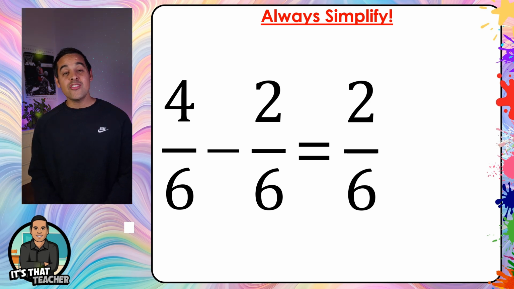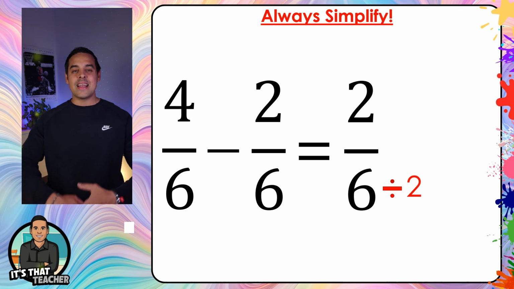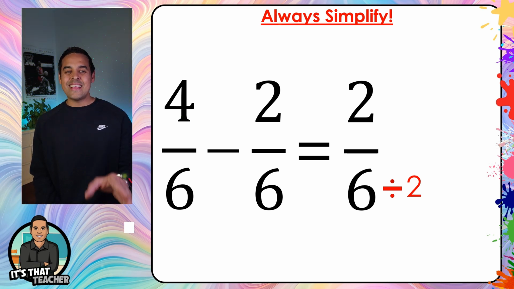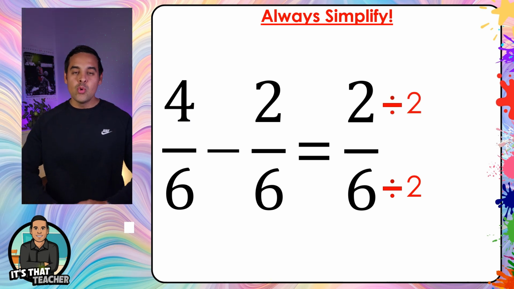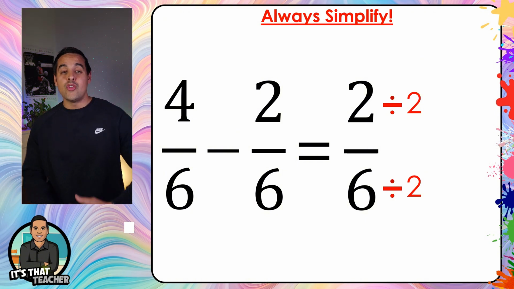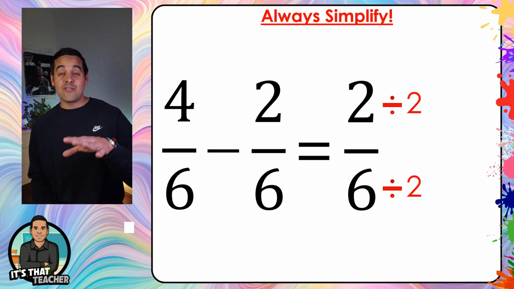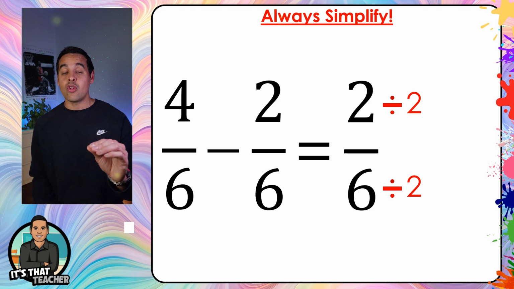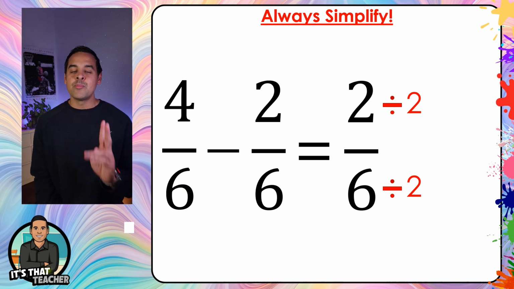The largest number that can be divided by both the numbers 2 and 6 is going to be the number 2. So 6 divided by 2 and 2 divided by 2. Remember, whatever you do to the denominator, you need to do the exact same thing to the numerator. That's why I have divided both the numerator and the denominator by the same number, 2.